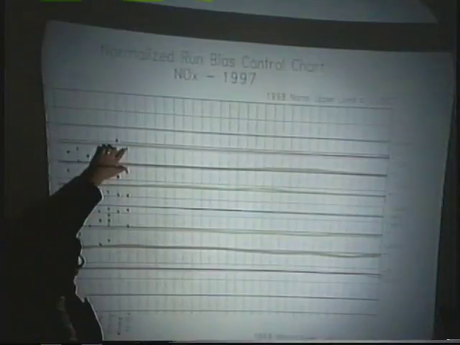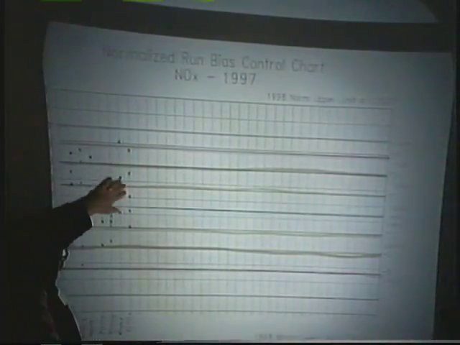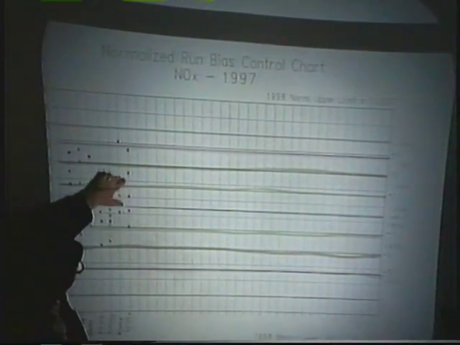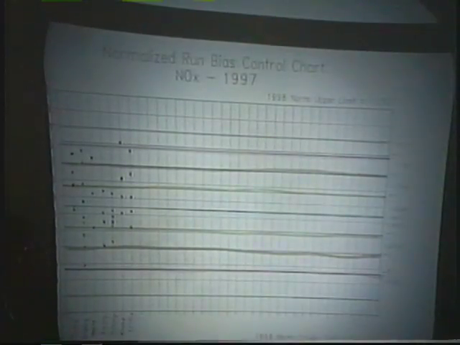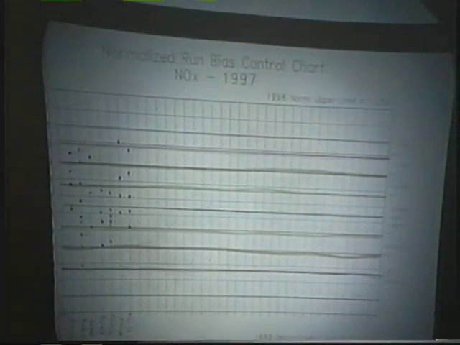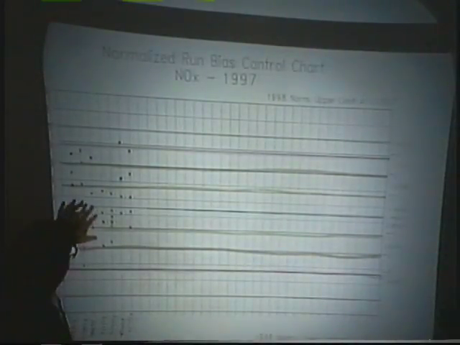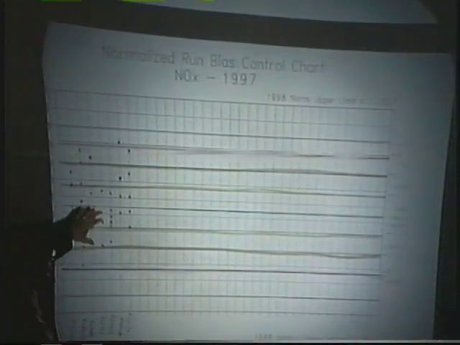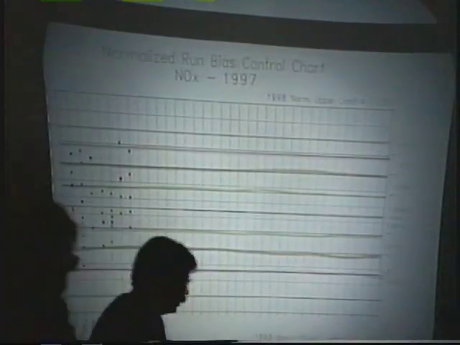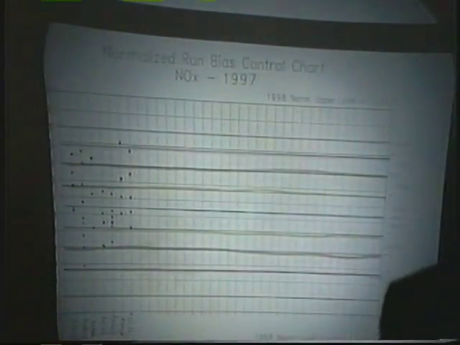On this particular day, 1 point is really pushing the upper warning limit, but there's still a fairly good distribution about the mean. But these charts are used to track quality over time. And I have another overhead coming up to demonstrate the kinds of bias that we can see in these.